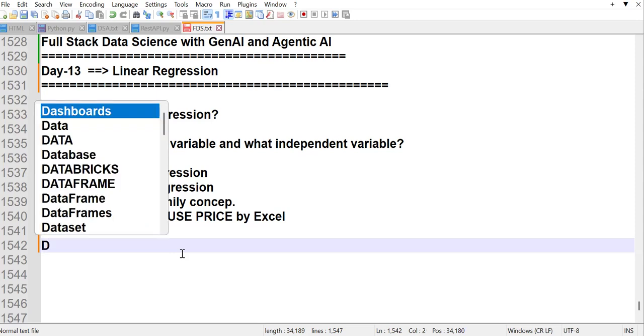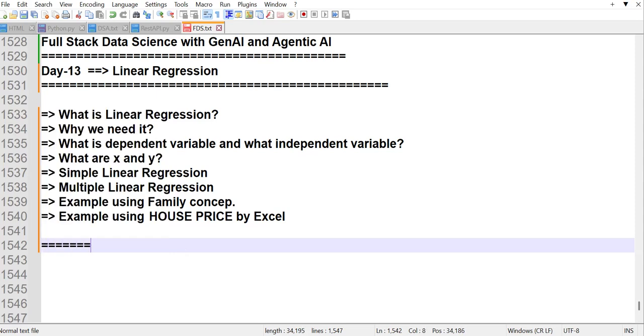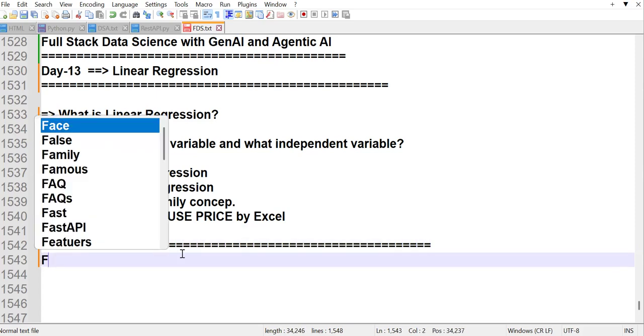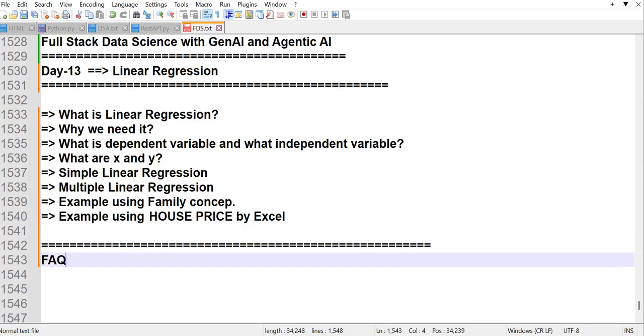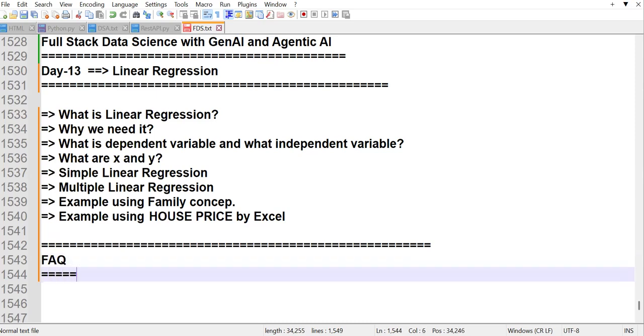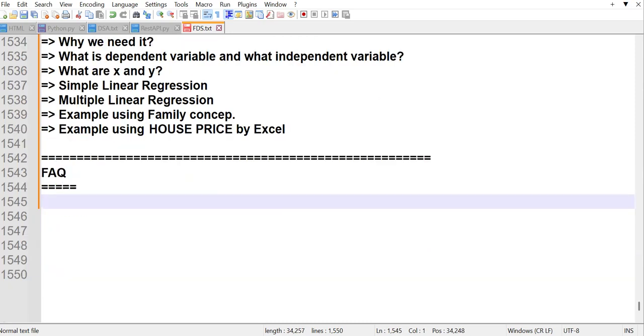Let me ask you some important frequently asked questions, FAQs. As a junior or mid-level data scientist, some questions can be asked at any time.